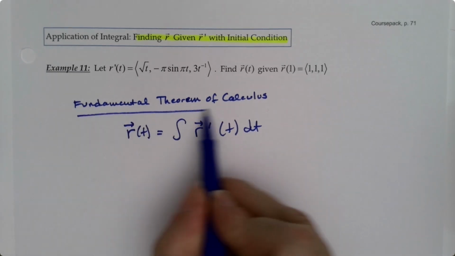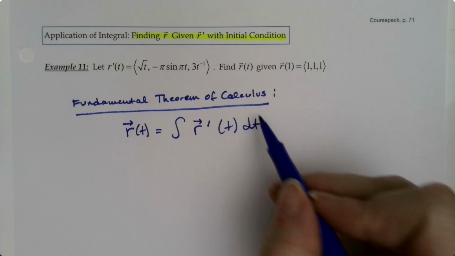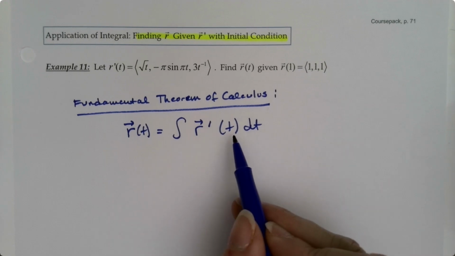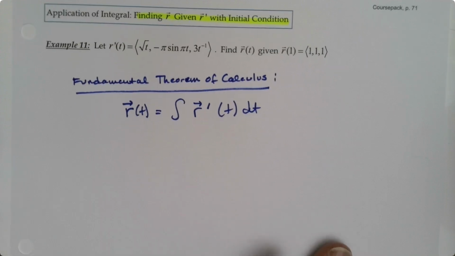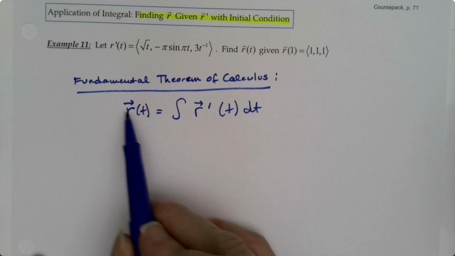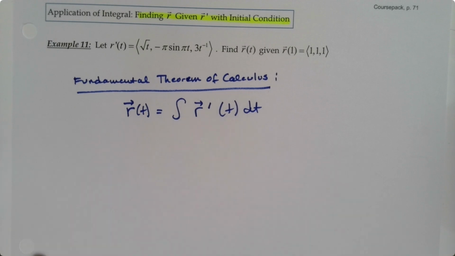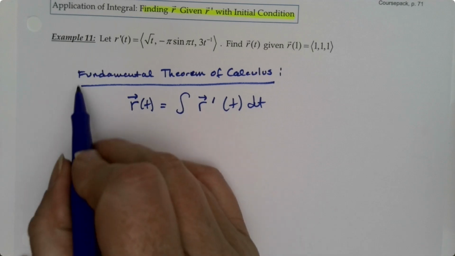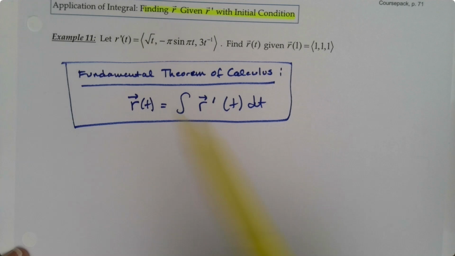That's the fundamental theorem of calculus, right? That essentially derivatives and integrals are opposite operations of each other. All right, and this particular example, by the way, is just a little bit of something called differential equations. We're learning how to find a function given a differential, given a derivative. Okay, so let's put a box around that. That's important to know.